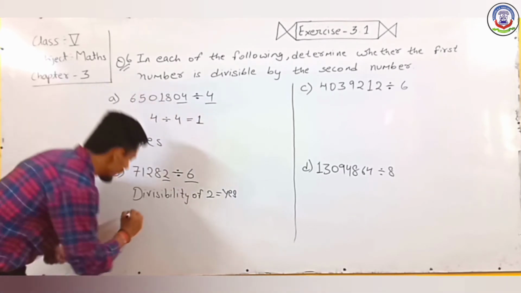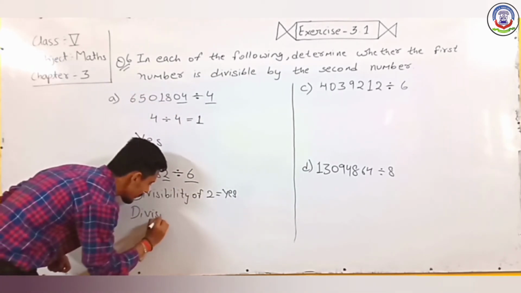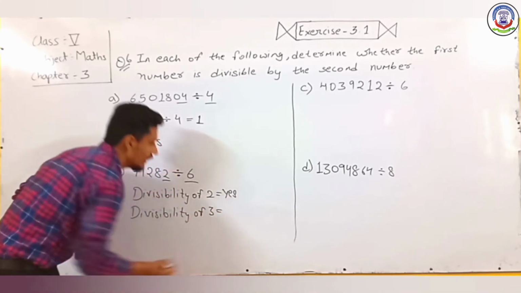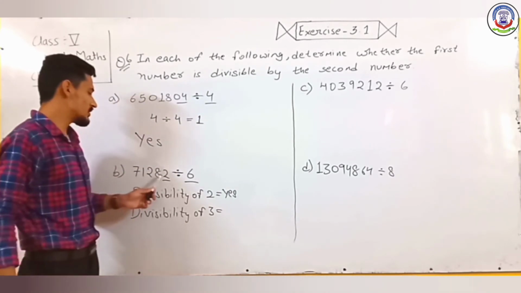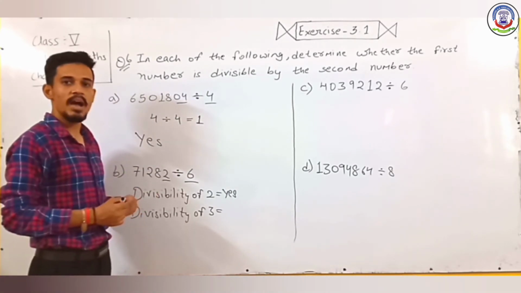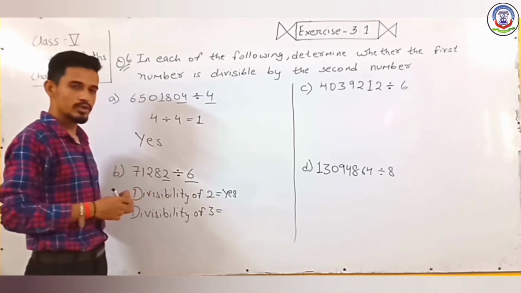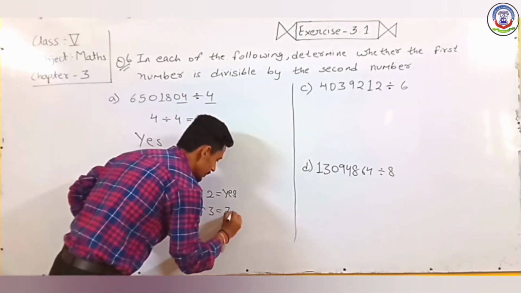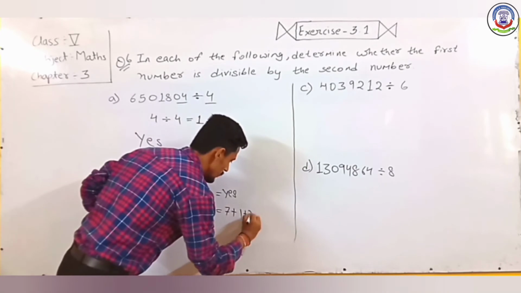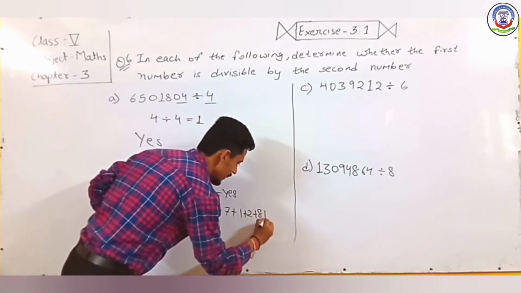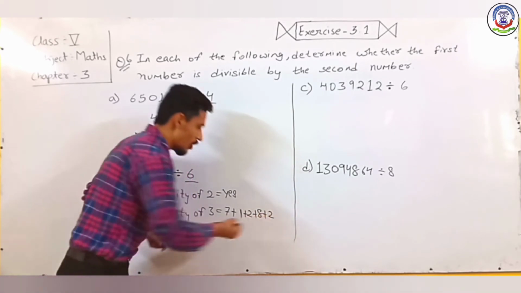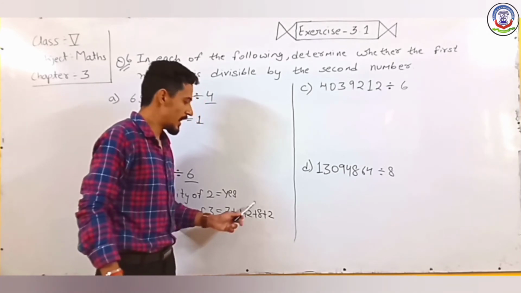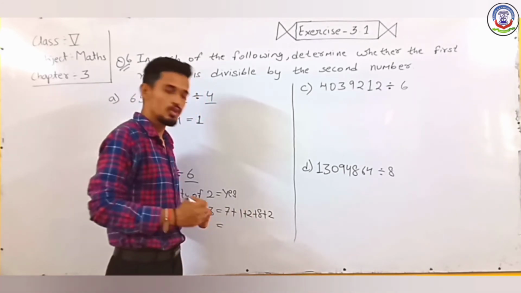Now we have to check the divisibility of 3. It is that when we add all these digits, the sum is divisible by 3, so the original number is also divisible by 3. So now we add all these digits, that is 7 plus 1 plus 2 plus 8 plus 2. 7 plus 1 is 8, 8 plus 2 is 10, 10 plus 8 is 18, and 18 plus 2 is 20.